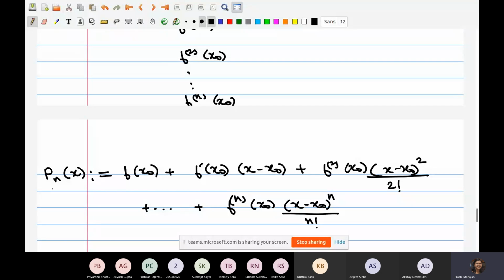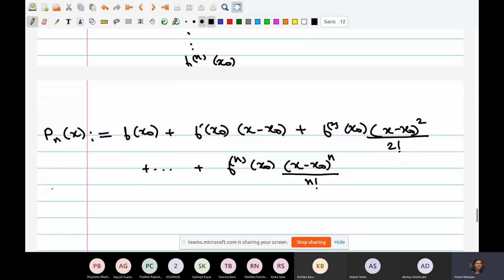This polynomial and its derivatives up to order n agree with the function and its derivatives up to order n at the specified point x naught. This polynomial Pn is called the nth Taylor polynomial for f at the point x naught. Let me write that down.